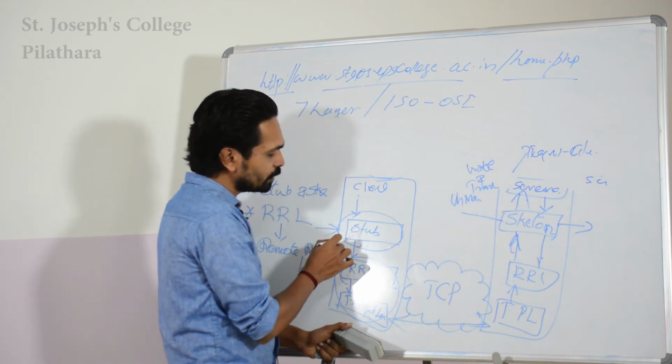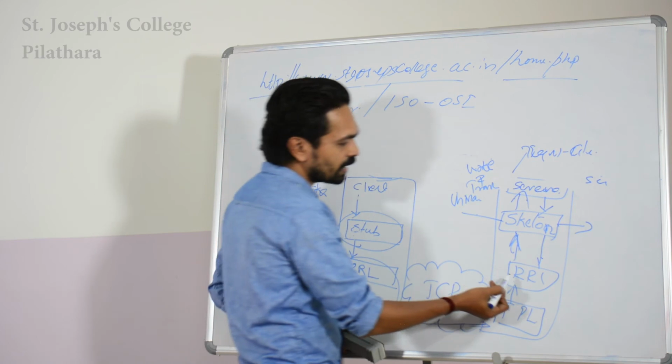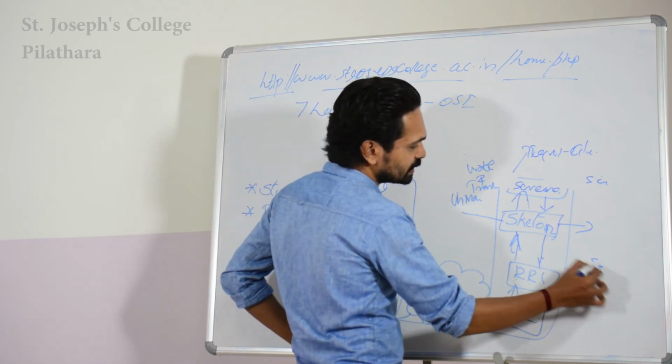First the stub provides marshalling to the RRL. Here the RRL is sending packets.